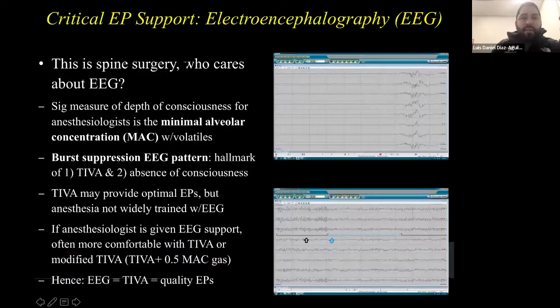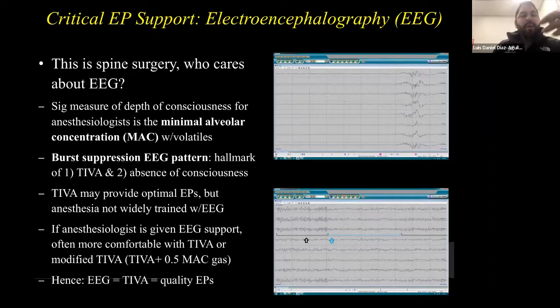To help supplement this, the use of an EEG can be very powerful. This, of course, begs the question: this is spine surgery, why do we care about an EEG? But this allows for a measurement of the depth of consciousness for anesthesiologists, which does not rely on halogenated gases. Typically, anesthesiologists are very familiar with the use of minimal alveolar concentration, or MAC, with volatiles.